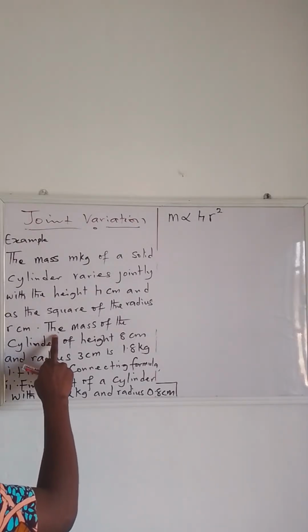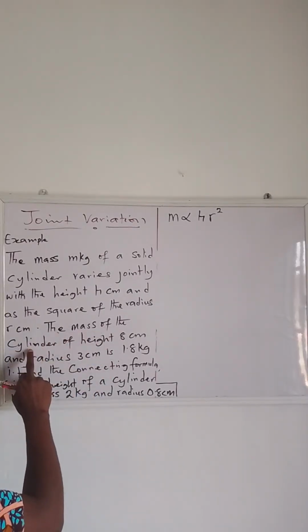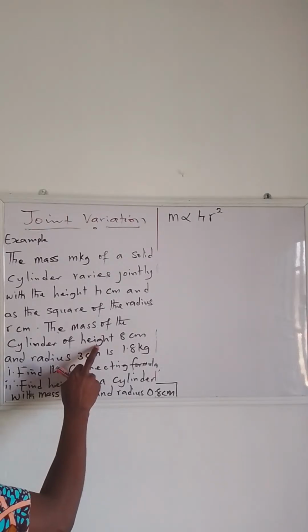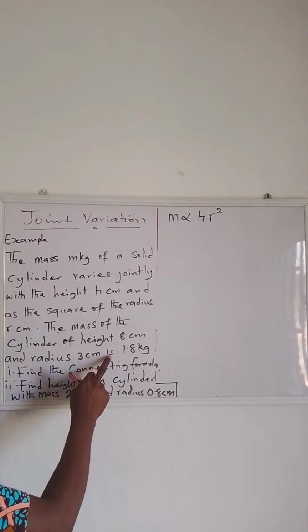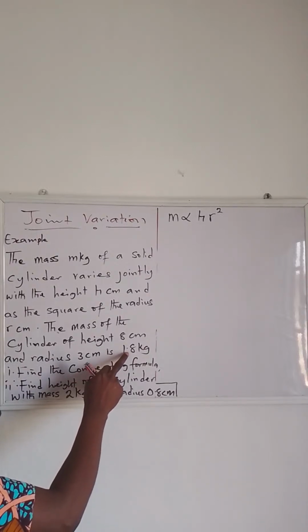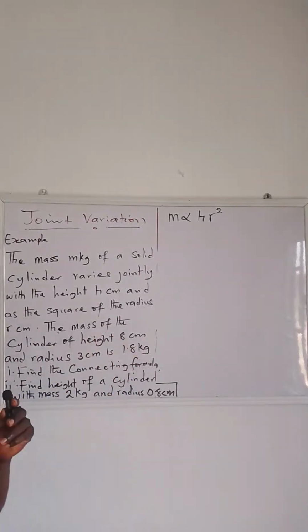Now the question says the mass of the cylinder of height 8 centimeter and radius 3 centimeter is 1.8 kg.